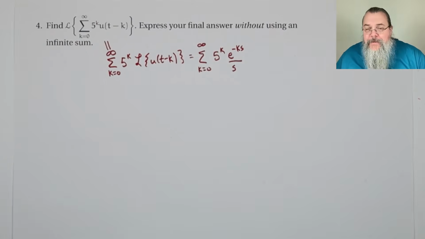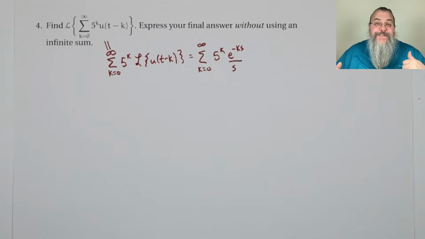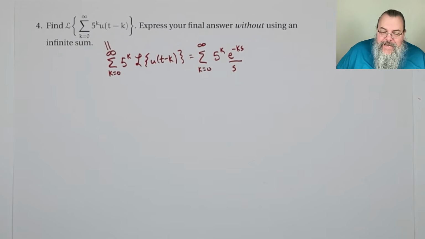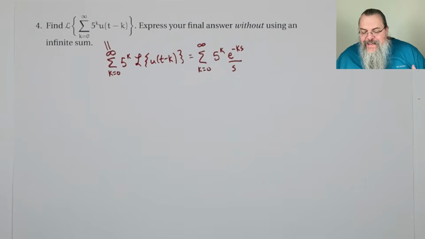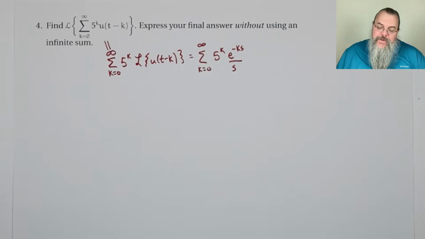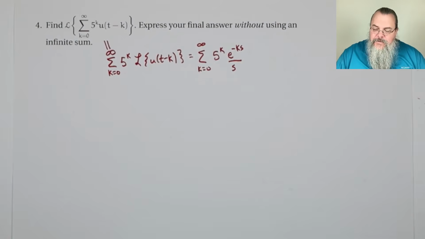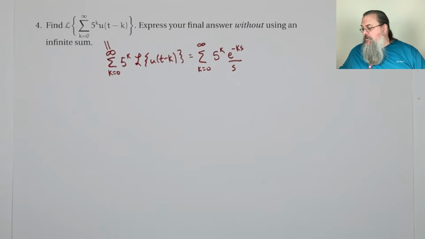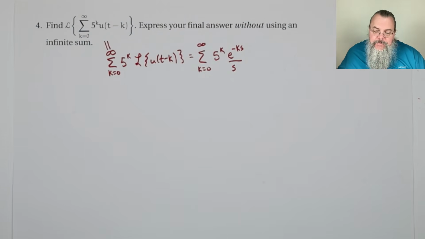We have done the first part. So, are we done? No. Because we have the second command, right? Express your final answer without using an infinite sum. We definitely have an infinite sum there. So we start saying, okay, what can we do? What can we do?